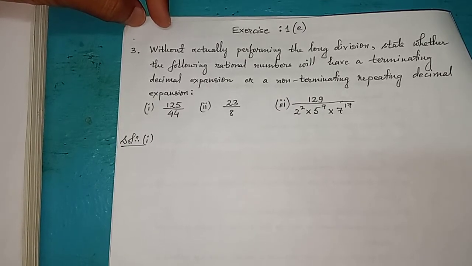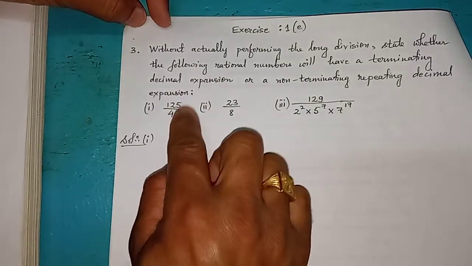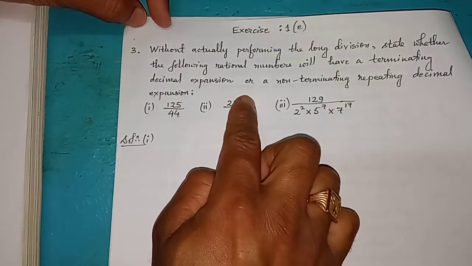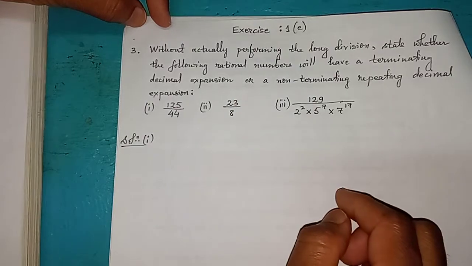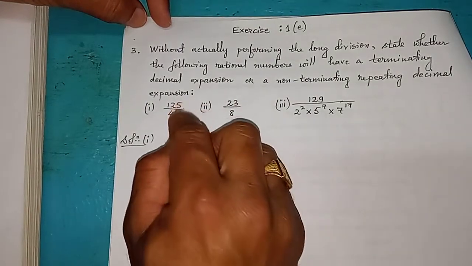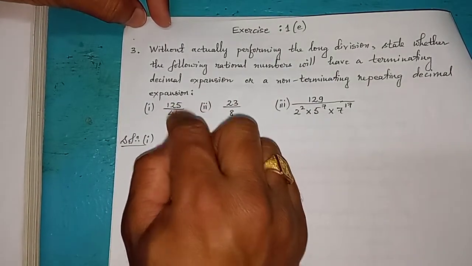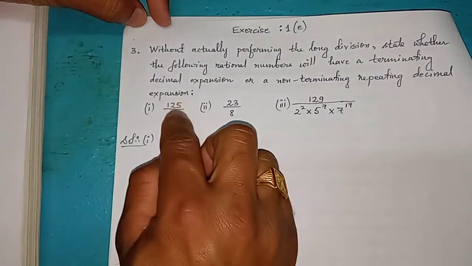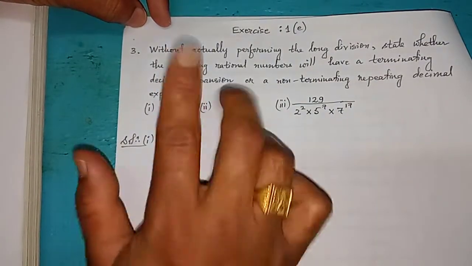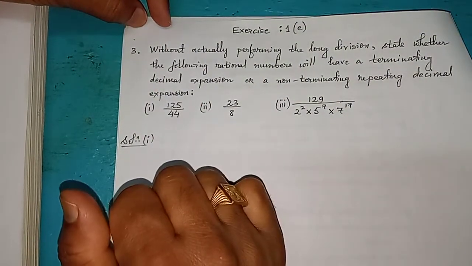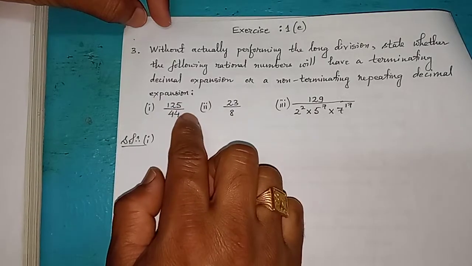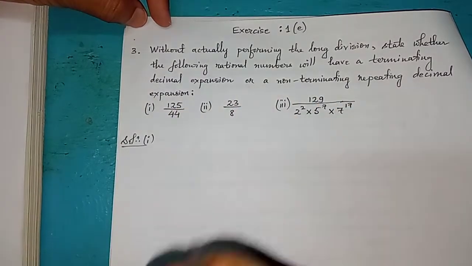Simplest form means the numerator and denominator are co-prime, meaning their HCF is 1. You cannot divide the numerator and denominator by the same number anymore. So first make sure that the given number is in the lowest form.